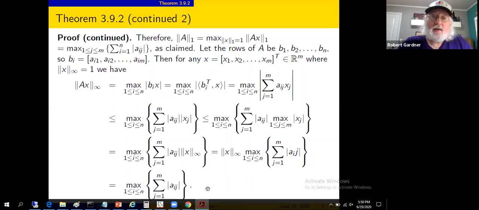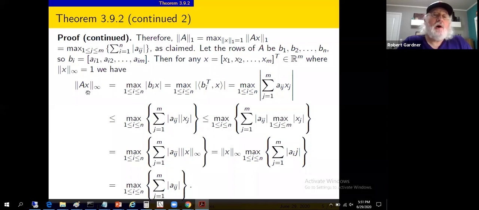We're going to do the same thing next. We're going to choose a special unit vector and show that for that particular unit vector, this actually equals that. We've got this quantity based on a vector x, a unit vector. We're ultimately going for an L infinity matrix norm. That's something that happens over all vectors of norm 1.